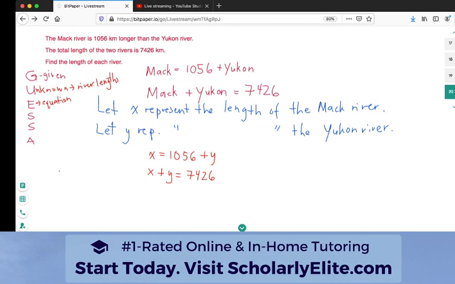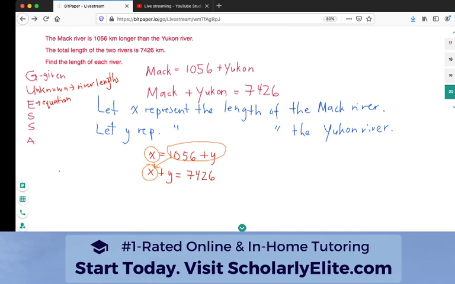What we are going to do is say to ourselves the following. This here is like saying x is equal to 1056 plus y. Okay, well, if x means the same thing as 1056 plus y, then instead of this letter x, I could actually just take this term and plug it right into here.